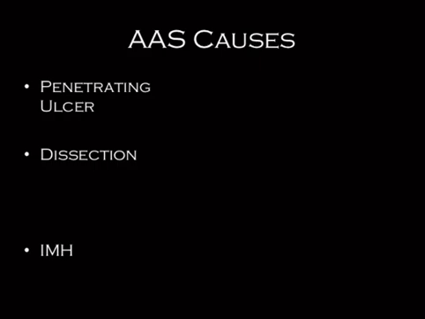So there are 3 acute aortic syndromes: penetrating ulcer, dissection, and intramural hematoma. Probably the most testable point about these 3 is what is the primary cause. Atherosclerosis is the most common cause for penetrating ulcers.